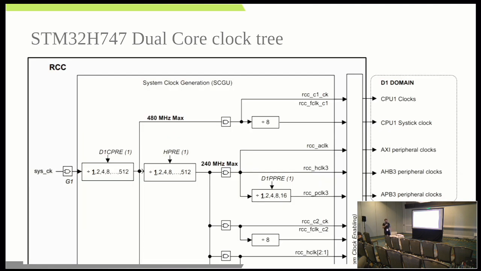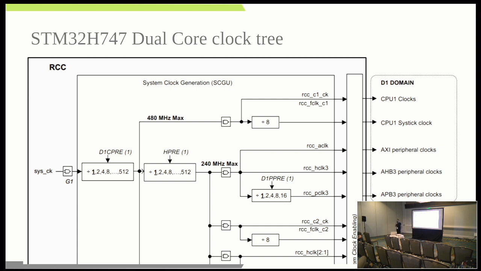So a quick picture of the clock tree. What we can see here is that the CPU2 clock is linked with the CPU1 clock just with one prescaler.